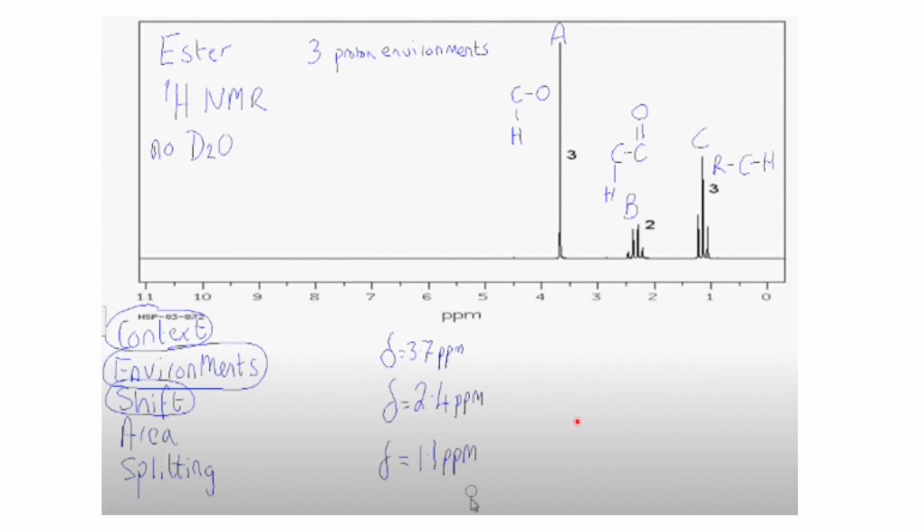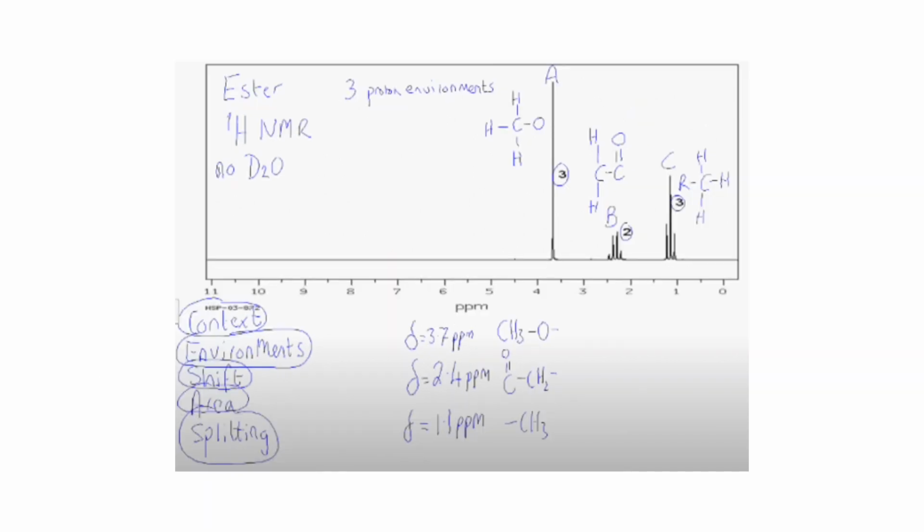Next, we need to use the area information. This is the area under each peak, and it tells us how many protons are in that environment. These numbers are generated by the instrument. It calculates the area under each peak and gives us the number near each environment.